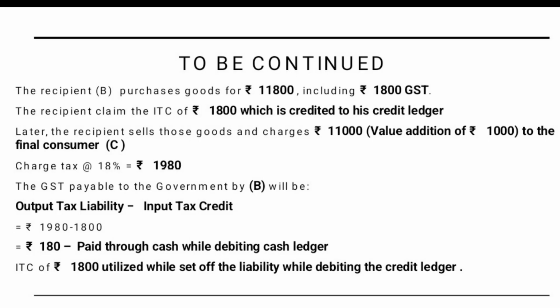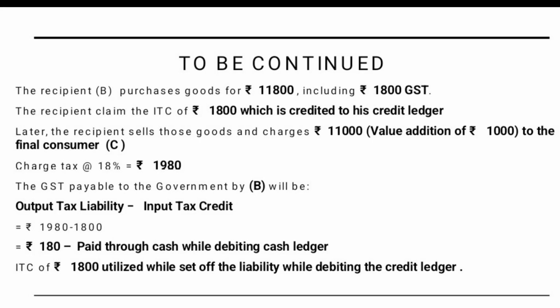Here the definition comes: tax is collected at value addition at each stage, and there is a set-off facility. The final tax is paid by the consumer and B pays to the government 1980 minus 1800. This 1800 is set off by B, which is already paid by A. The 180 is paid through cash while debiting the cash ledger. 1800 is set off, meaning he used the ITC ledger, and the final tax is paid by the ultimate consumer.